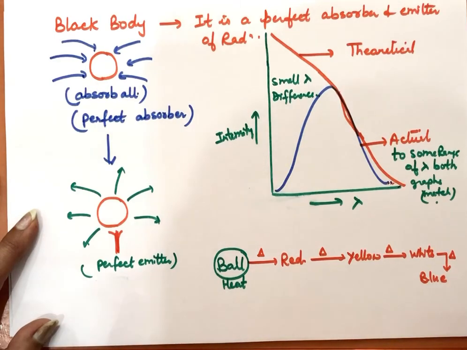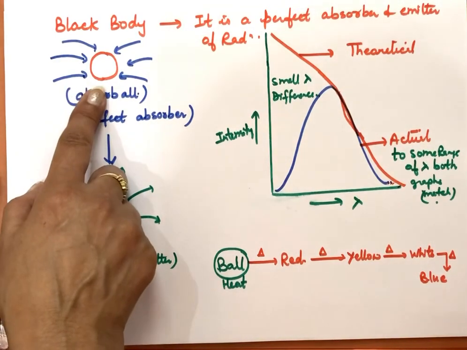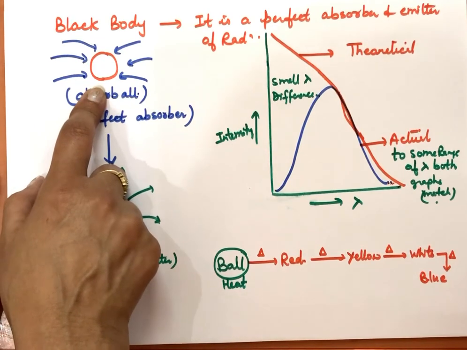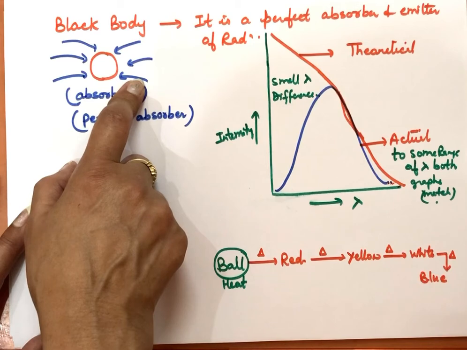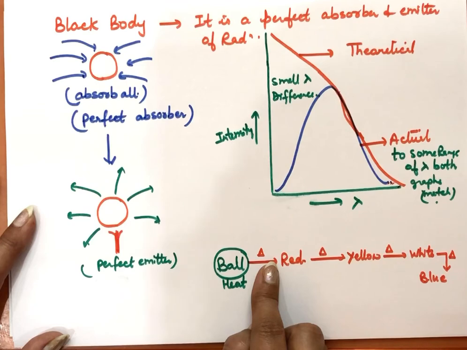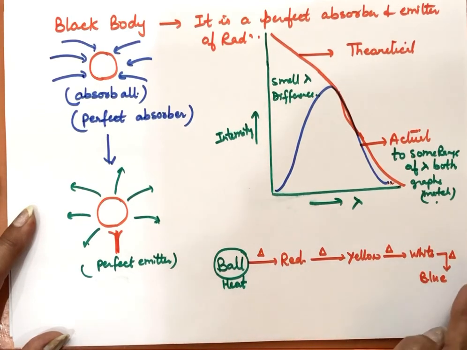If the substance being heated is a black body, which is a perfect absorber and emitter of energy, the radiations emitted by it are known as black body radiation. According to electromagnetic wave theory, energy is emitted or absorbed continuously, so it should have the same intensity, which means the same color. But why is the color changing here?